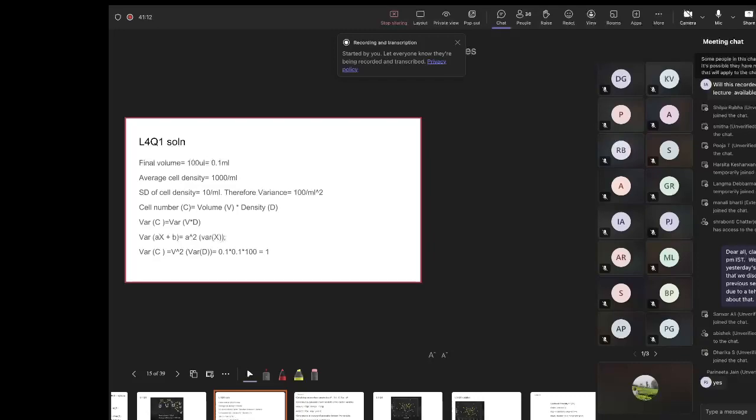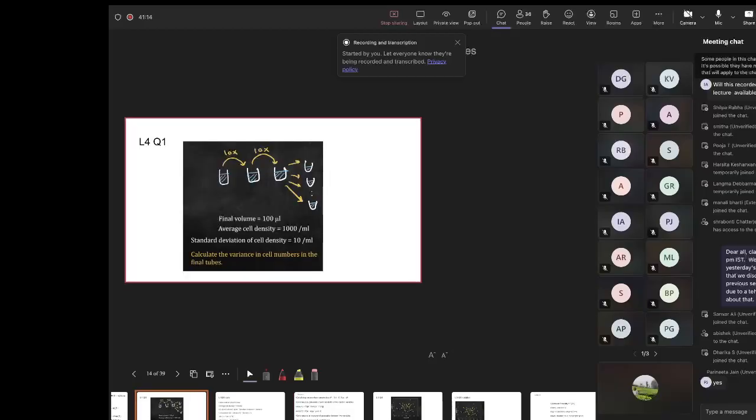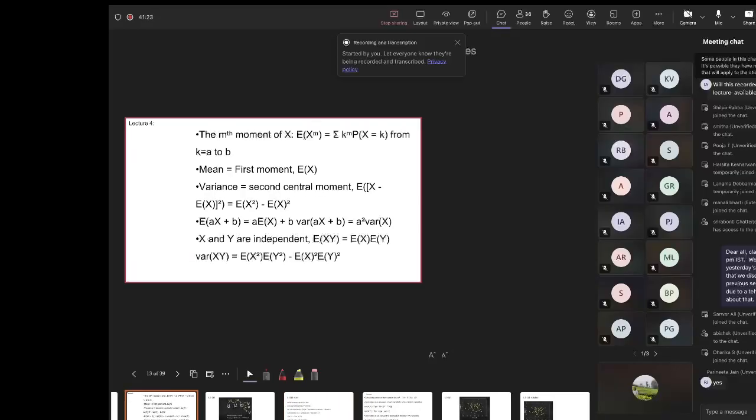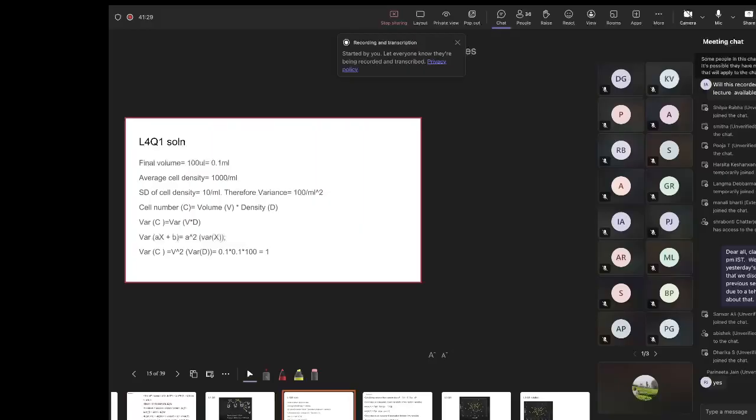And in the question, they had asked the variance in cell number. So cell number is nothing but volume into density. And now we can use this formula here. Variance of ax plus b is equal to a square into variance of x. So here d is the constant and v is the variable.